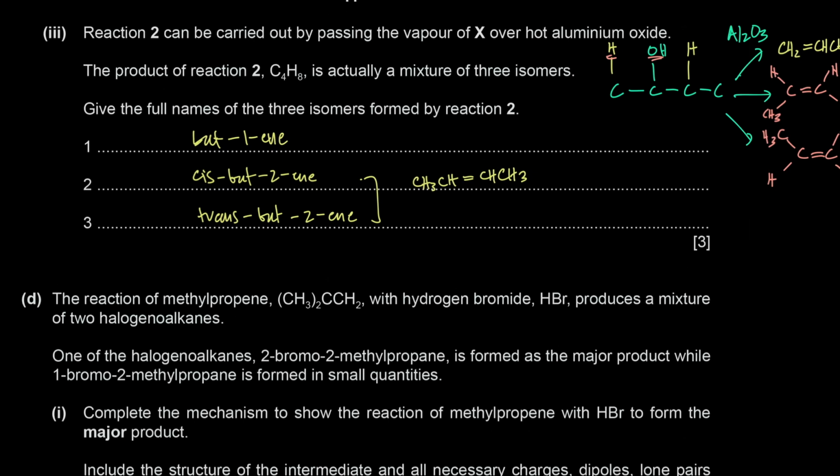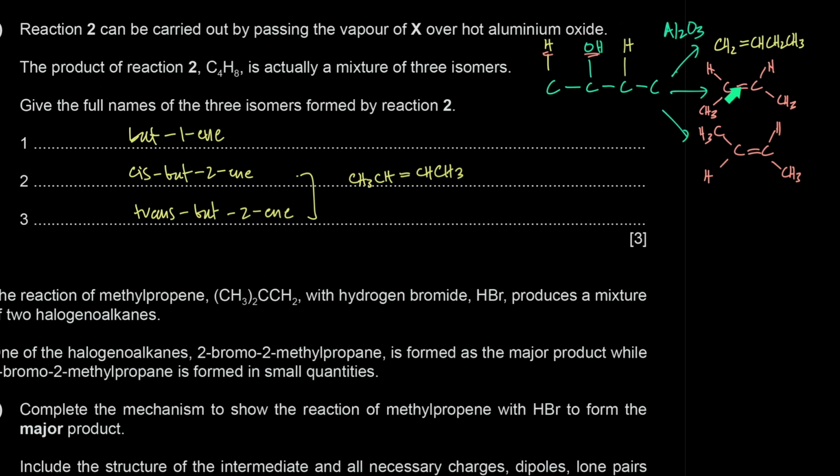But this structural formula actually represents two different things: the cis isomer or the trans isomer. So but-2-ene is not a pure substance. They're two different alkenes, stereoisomers of each other. They have the same structural formula, but in three dimensions they look different.